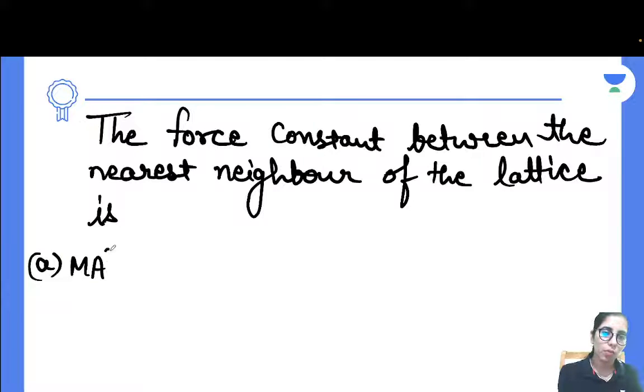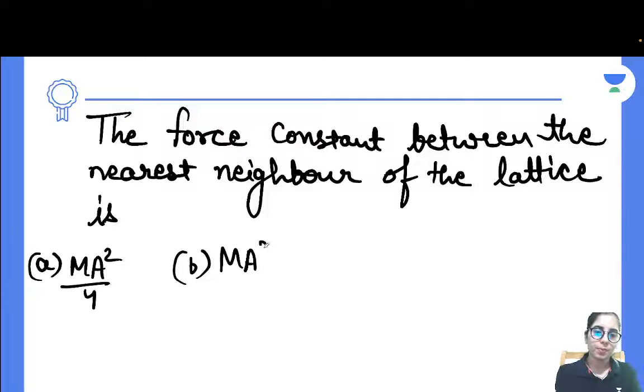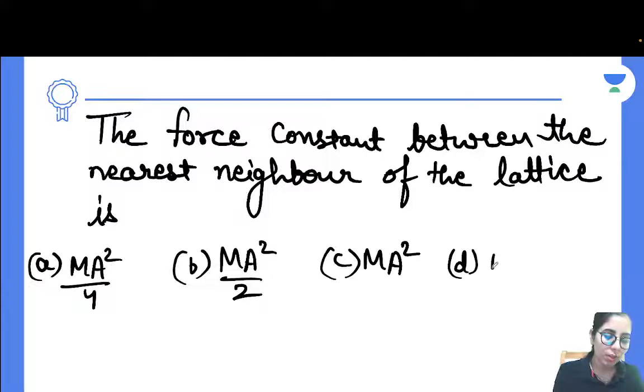M a square over 4, M a square over 2, M a square, or simply it's going to be 2M a square. That's what you're going to have. Try it now, guys, and let me know if anybody has any doubt.